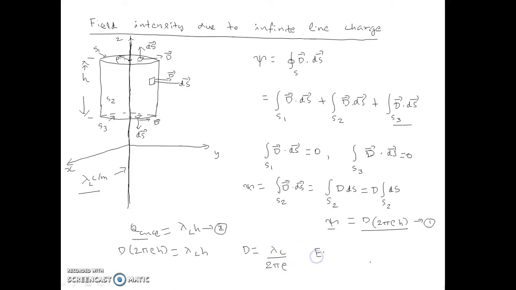Since E is equal to D by epsilon naught, the electric field intensity is lambda L by 2 pi epsilon naught rho. Hence we have derived the expression for the electric field intensity due to infinite line charge, where the charge density is uniformly distributed.